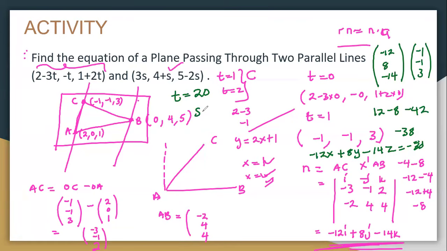Even if you had let your s be maybe 50, whatever value you let, that point is going to be along the plane. So you can use it, you get the same answer. It's kind of unbelievable, but just as long as the point is on the plane, you get the same answer.